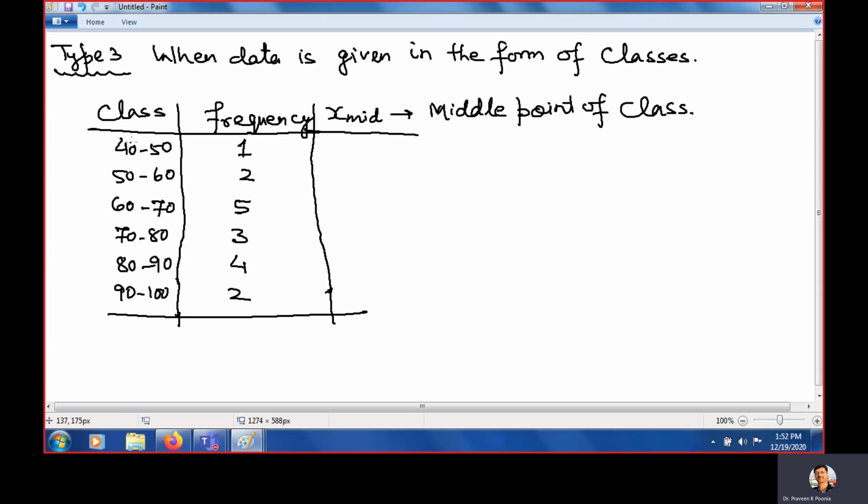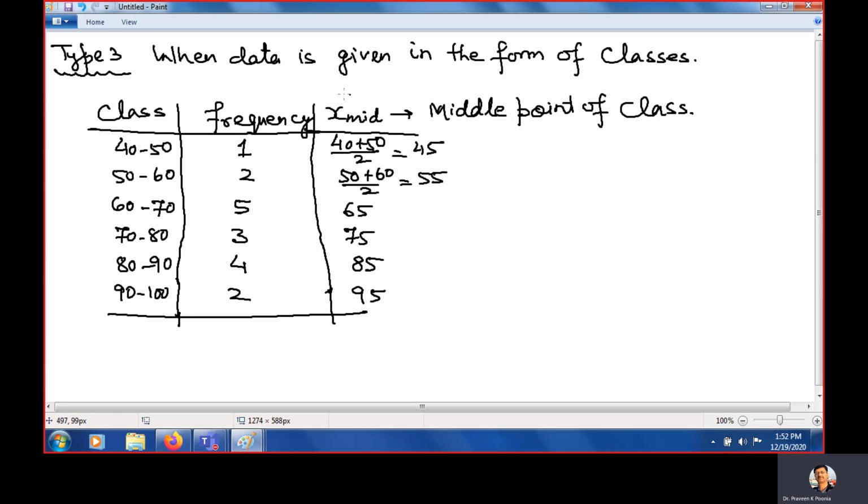It is this point plus this point, 40 plus 50 upon 2. If you solve by calculator, it will be 45. Then next, it will be 50 plus 60 upon 2. It will be 55. Similarly, 65, 75, 85 and 95.